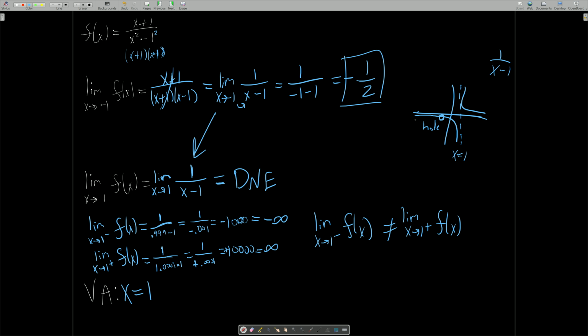As we'll learn later, it's called a discontinuity. You have a hole here at negative 1, negative 1/2. And so x equals 1 is the only vertical asymptote. The value x equals negative 1 isn't a vertical asymptote, it's just a hole in the function.